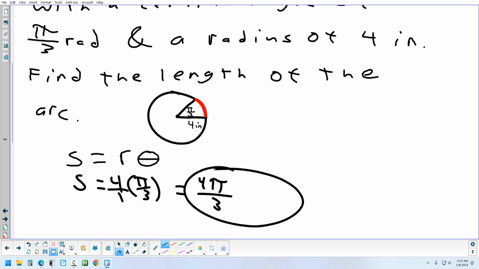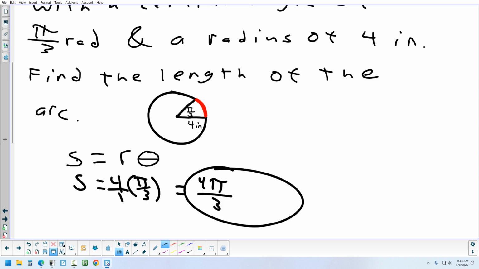Now, because this is a measurement, S is the arc length, a measurement needs a label on it. What should be the label on 4 pi over 3? Inches.